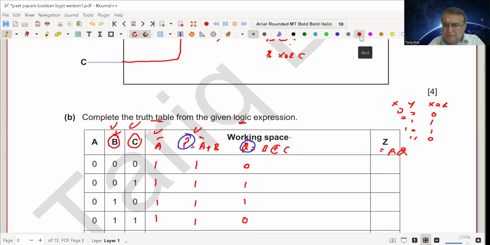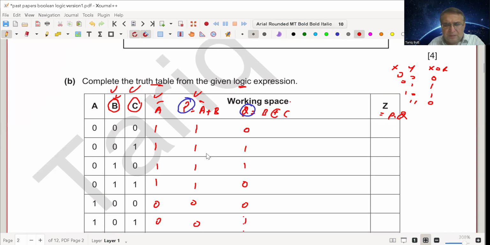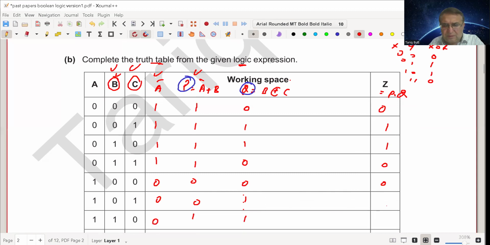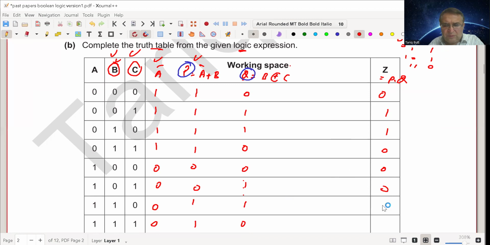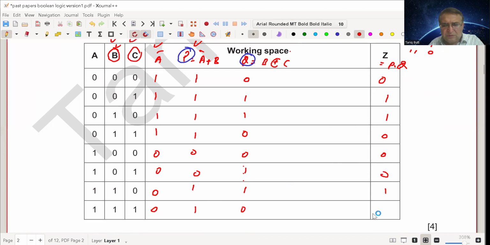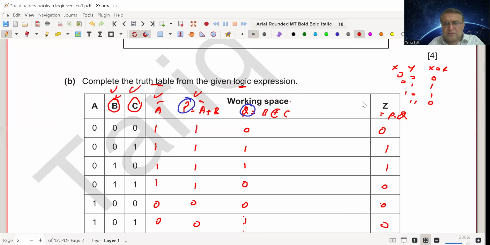And you know the output of an AND gate is 1 when both of its inputs are 1. So 1 into 0, 0. 1 into 1, output is 1. 1 into 1, output is 1. 1 into 0, output is 0. 0 into 0, output is 0. 0 into 1, output is 0. 1 into 1, output is 1. 1 into 0, output is 0. And that's it. So this is the truth table for this particular logic expression.